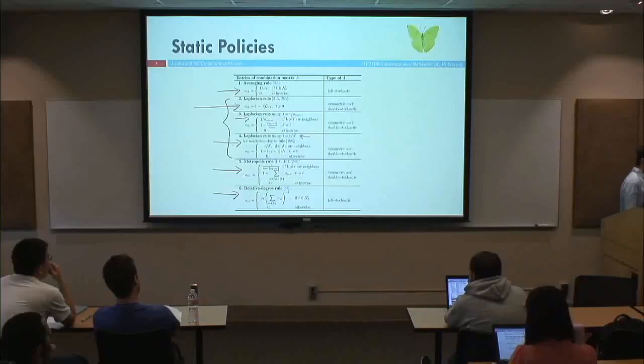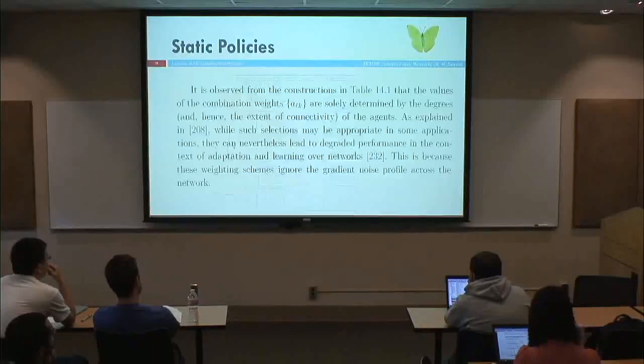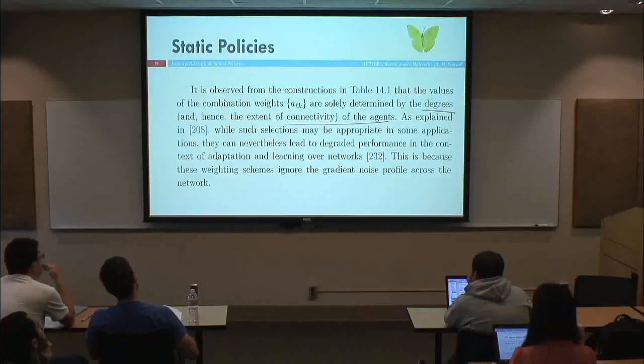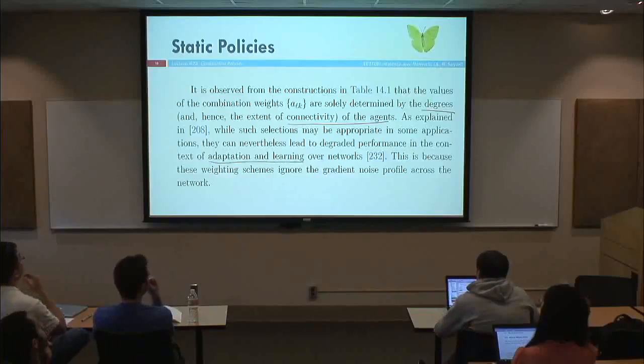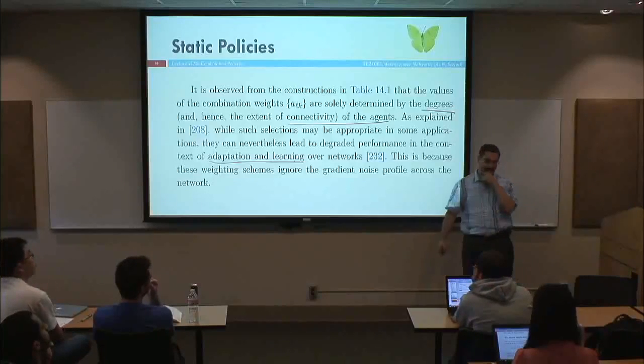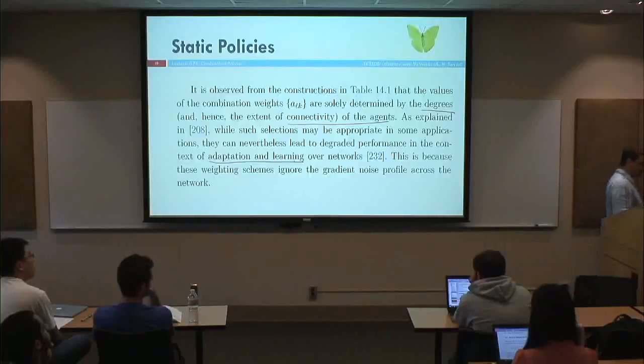So these are examples of static policies, essentially determined by the topology, by how much connectivity you have in your network. But in the context of adaptation and learning, we need more flexibility in selecting these combination coefficients.